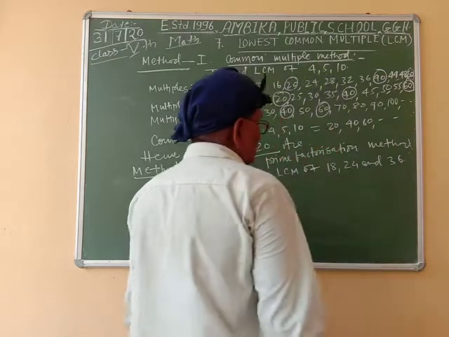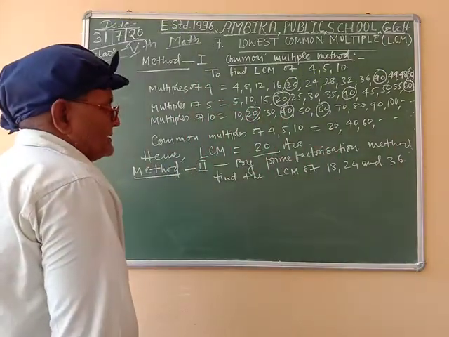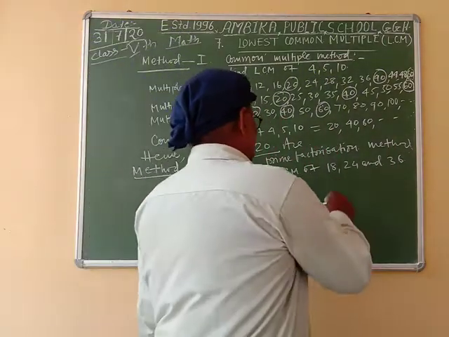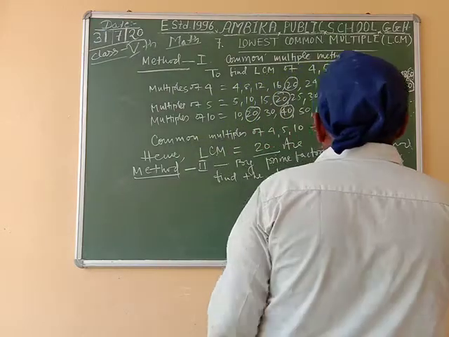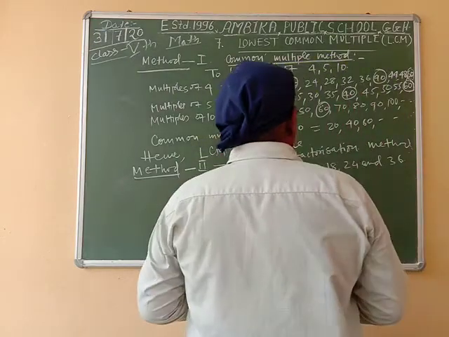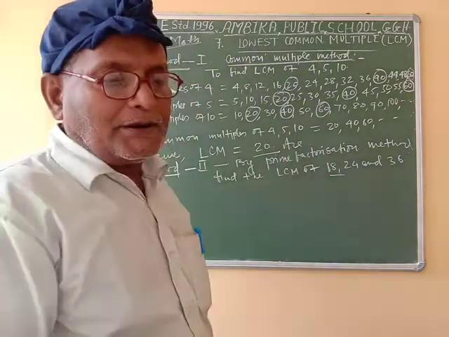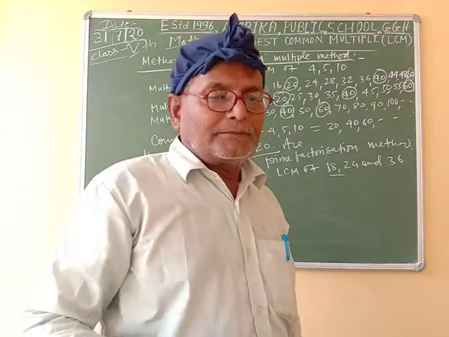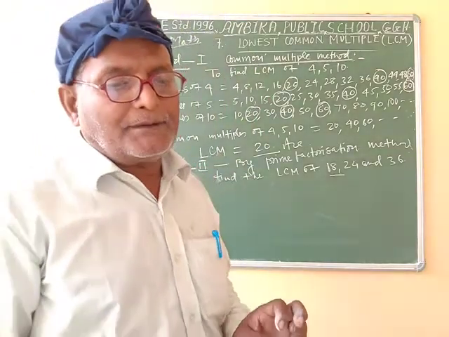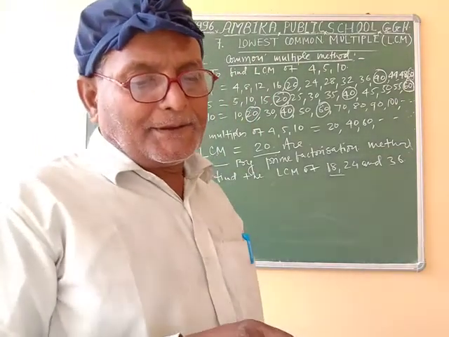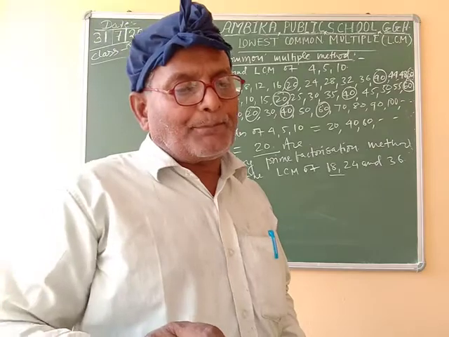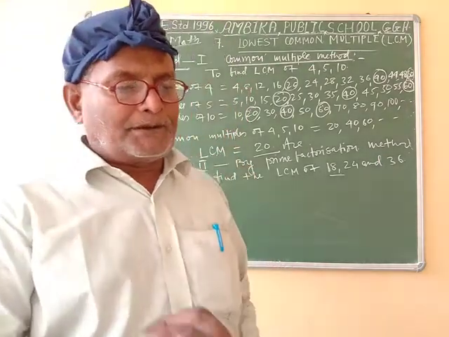We are given three numbers for which we have to find the LCM. So first of all, we find the prime factorization of each of the given numbers and express each of them as a product of its prime factors.